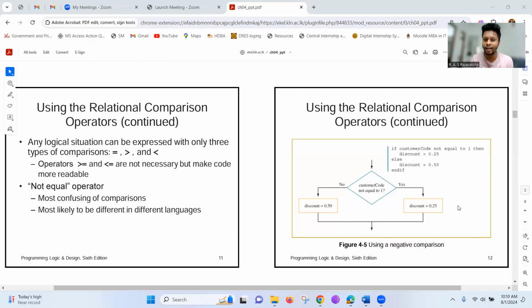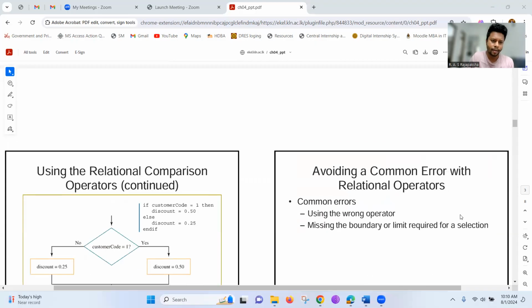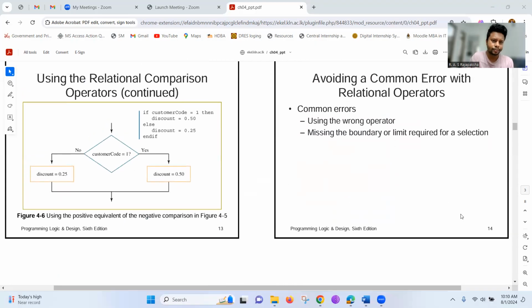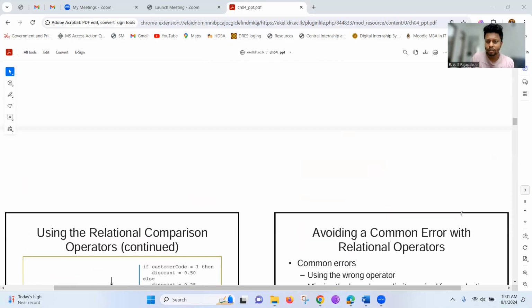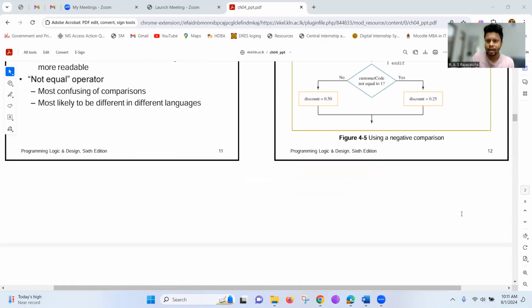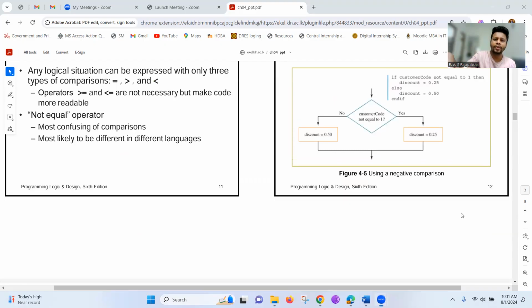Else discount is 0.5. Yes, this is the way we can show those decisions in a flowchart. So here, the difference between this flowchart and the next flowchart: here you are explaining using a sentence, customer code not equal to 1.